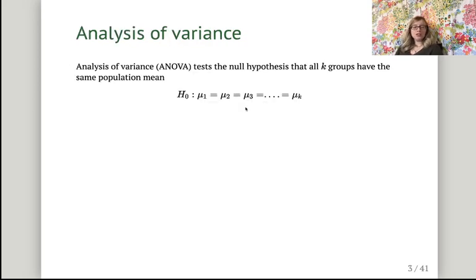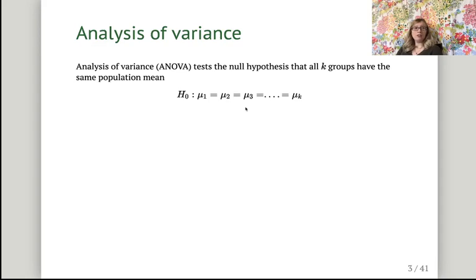So let's start with just the null and alternative hypothesis that an ANOVA model is trying to test. ANOVA stands for analysis of variance, and that's the term that I'll use from this point forward. Essentially, we have our data split up into K groups, K more than 2, and we'd like to know whether or not our groups have the same population mean.